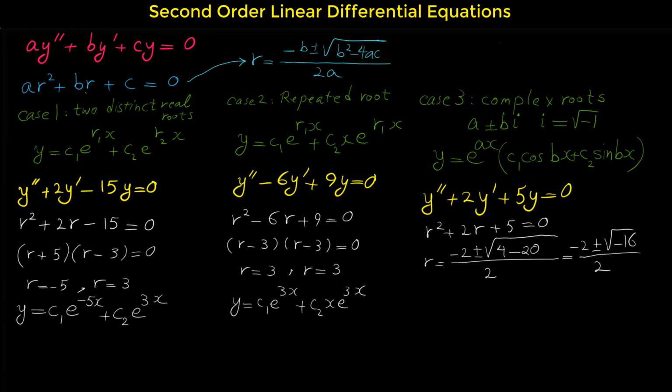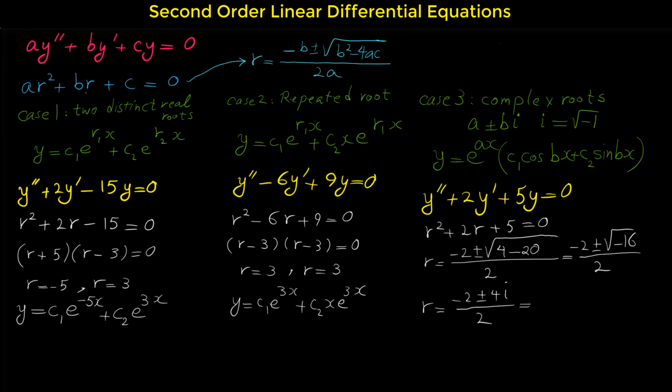Okay, so the square root of negative 16 here can be written as 4i. So negative 2 plus or minus 4i, over 2. Now, if we separate the numerator by the denominator and divide every term on top by 2, we can simplify our answer.